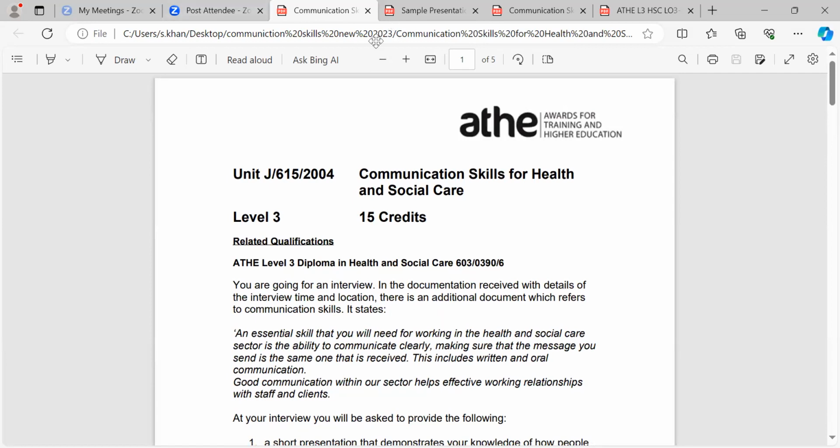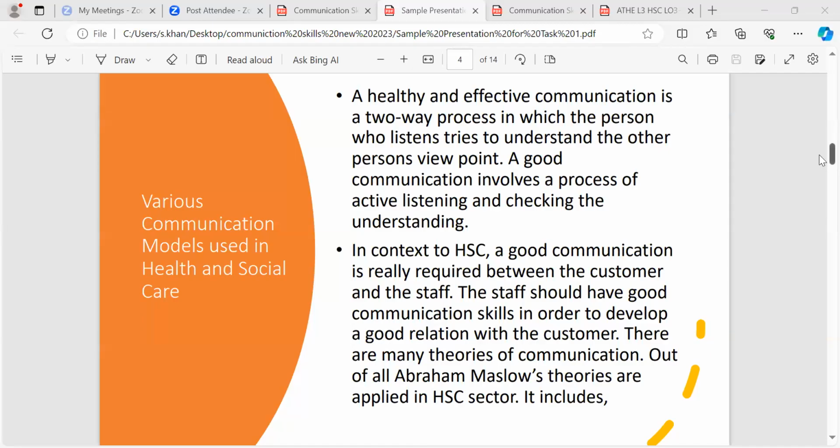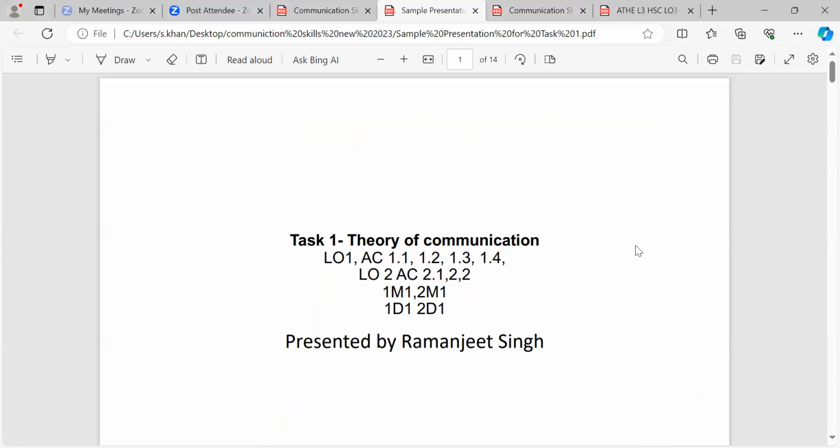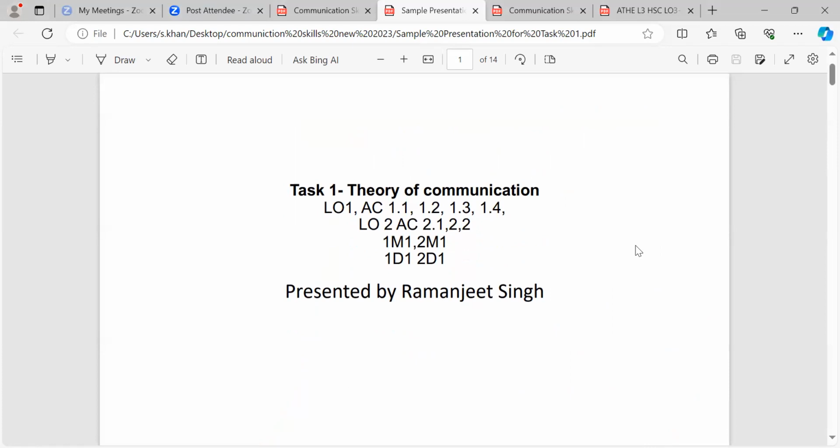What I might just go on now is just to show you an example presentation. Sample presentation. So can you see this sample presentation here? Yeah. Right, someone has done this in regards to the first task, which is task 1, okay?